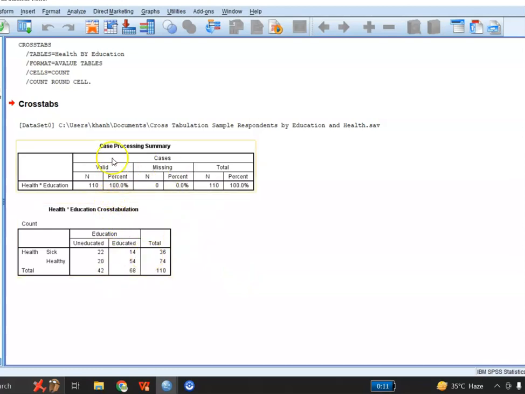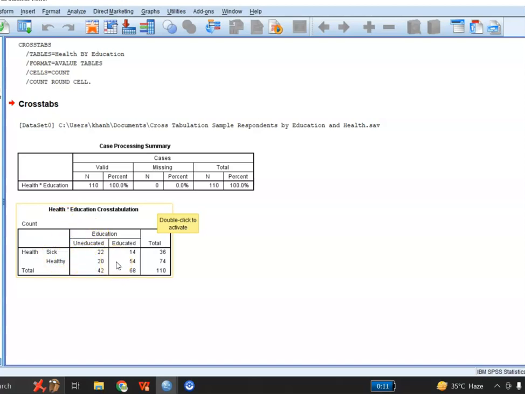So here is the case processing summary. Total number of valid cases is 110, and this is the two-way table of respondents by education and health. So we can entitle this table as classification of sample respondents by education and sick.